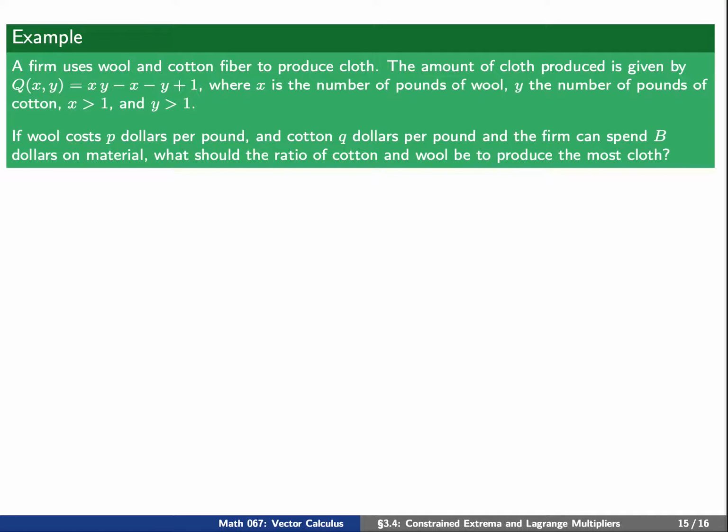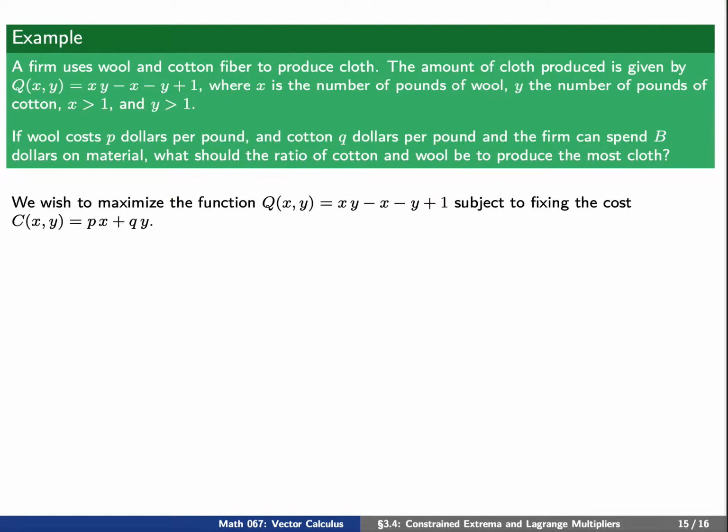If wool costs p dollars per pound and cotton costs q dollars per pound, and the firm can spend a total of b dollars on the material, what's the ratio of cotton and wool to be produced, in other words, to produce the most cloth? Well, the amount of cloth, the quantity Q, is xy minus x minus y plus 1.